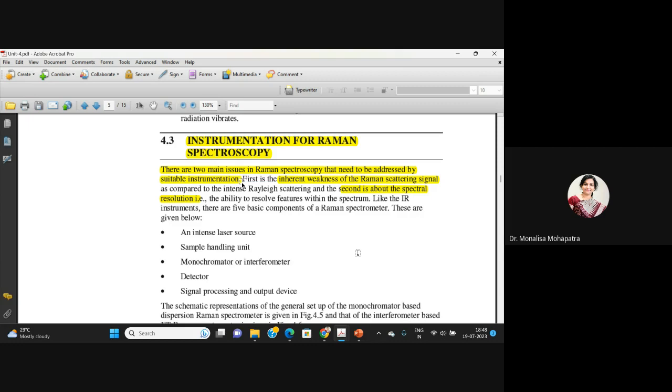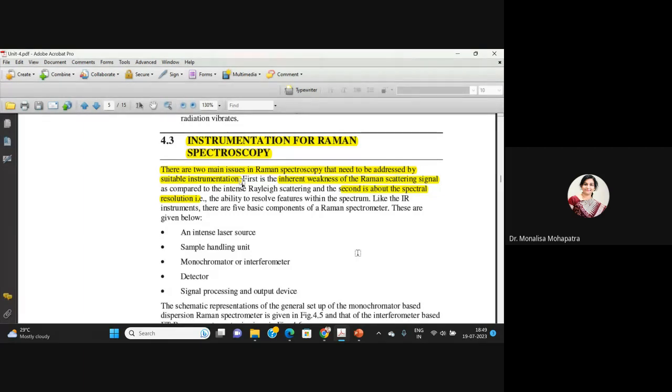You know that research is always an ongoing process. We are in the lectureship or professorship line, but many scientists in the R&D sectors are there where these instruments get designed.